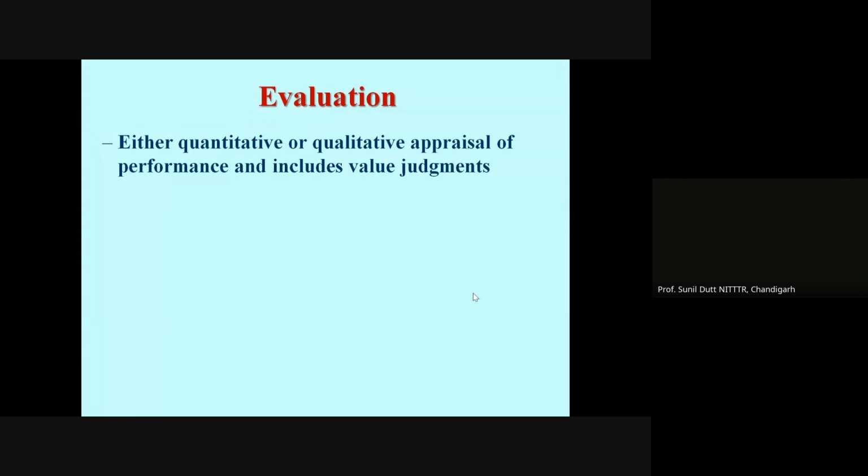It involves the use of tests and quizzes, whereas evaluation is system focused. So it is either a quantitative or qualitative appraisal of performance, and it includes value judgment. That is, it is not only concerned with how much, it is also concerned with how well.